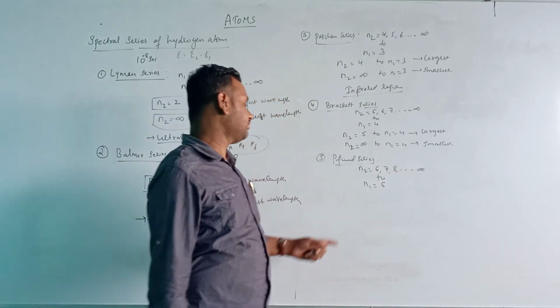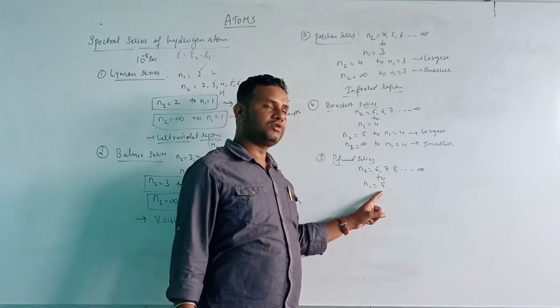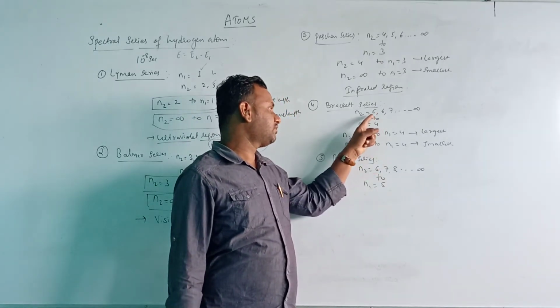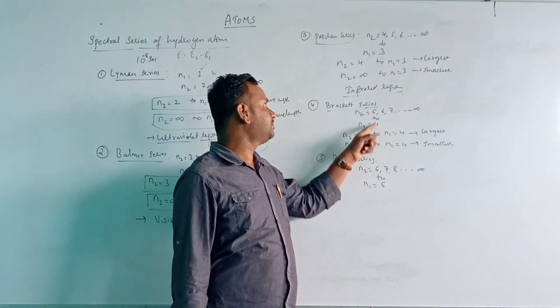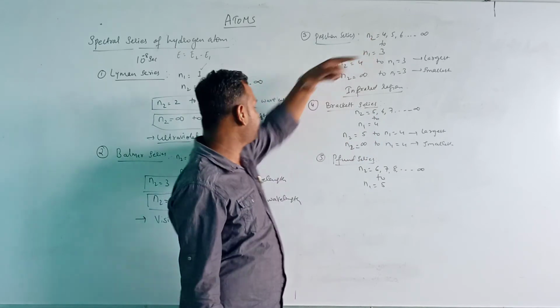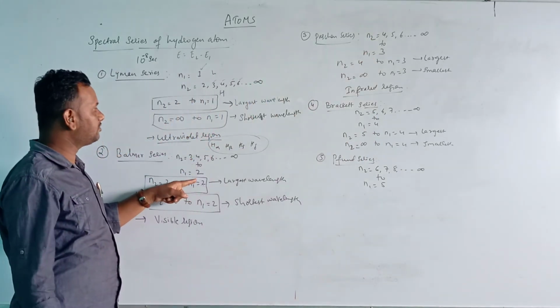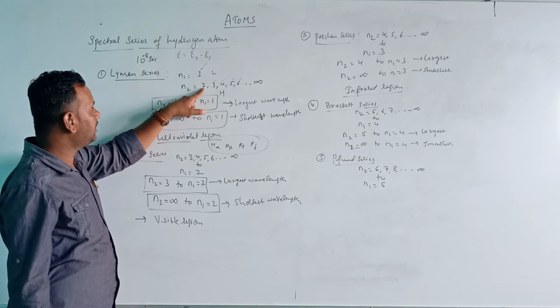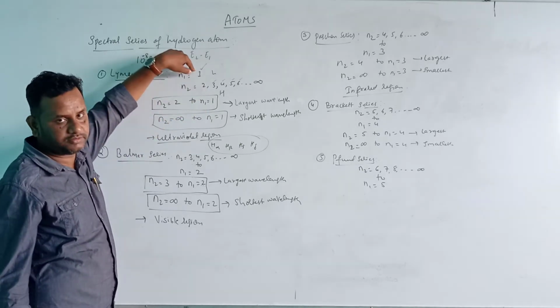Here the transition is taken from the higher orbit to the fifth orbit. Similarly, from higher orbit to the fourth orbit, higher orbit to the third orbit, higher orbit to the second orbit, higher orbit to the first orbit.